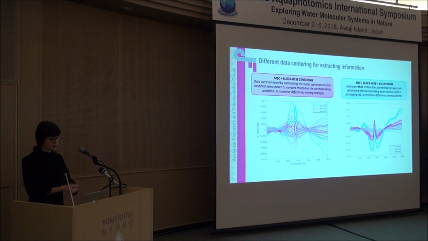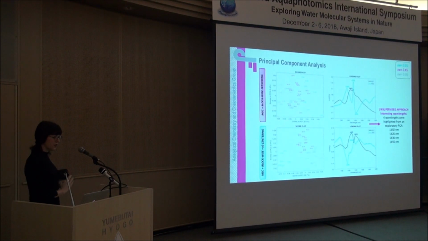It's easy, because we subtract the spectrum obtained at the same water activity before packaging. So all the samples with 0.55 water activity have the spectrum at 0.55 at T0 subtracted from the entire storage time.